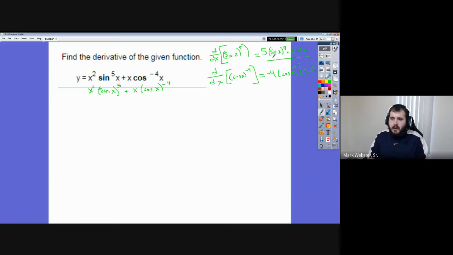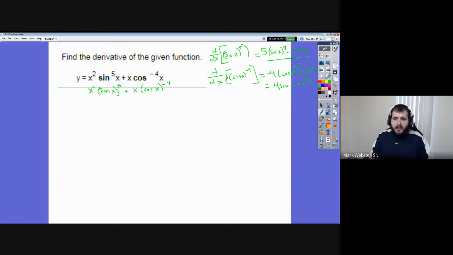All right, so we've done all of the things now. I can actually simplify this one a little bit to make it look neater. The negative and the negative cancel out, and we're left with 4 sine x cosine to the negative fifth x. Same thing here, 5 sine to the fourth x cosine.